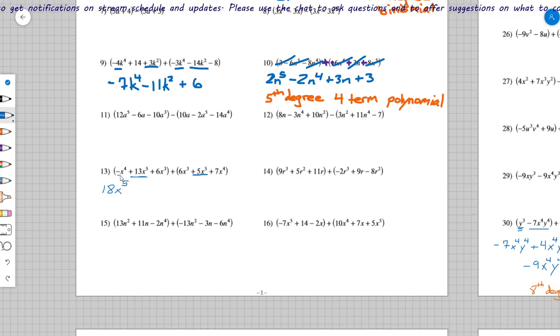We then have negative 4x to the 4th and 7x to the 4th. So negative 4 plus 7 is going to be positive 3x to the 4th.